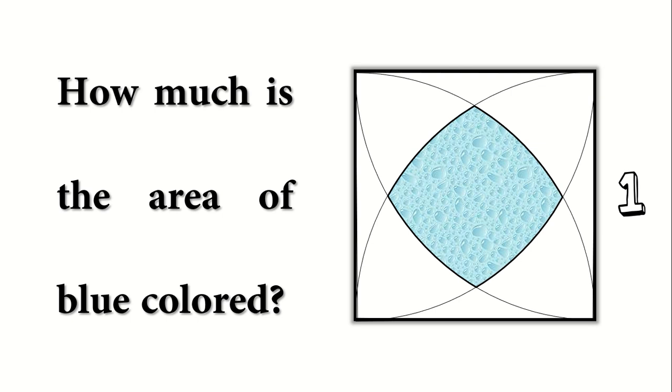So as I said to you, we have a square with a length of 1 and we have 4 parts of quarter circle which make two leaves together, and these leaves surround an area with blue color. So we want to know what's the area of blue color.